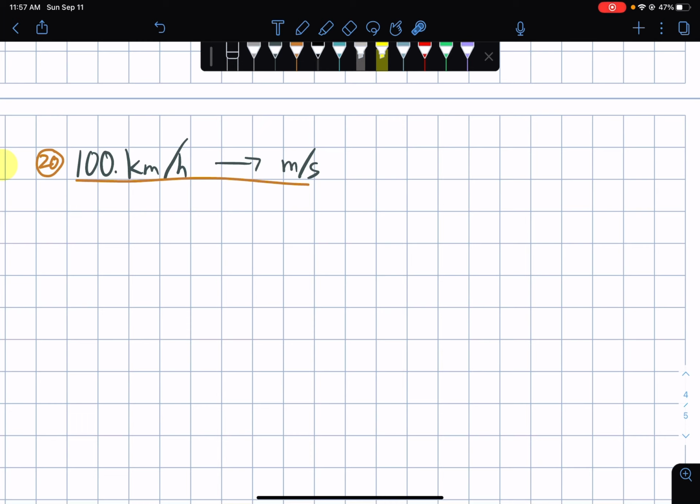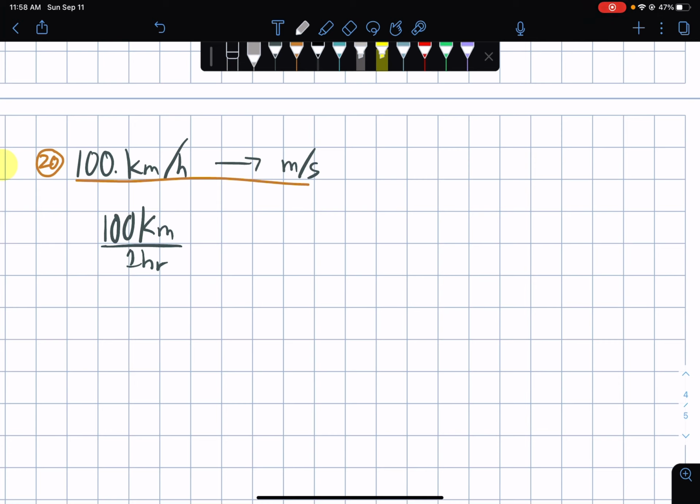Those kinds of problems would be harder, of course. This will already serve as a tutorial for solving those problems in the future. So 100 kilometer per hour. Let's write them this way. So 100 kilometer per 1 hour.